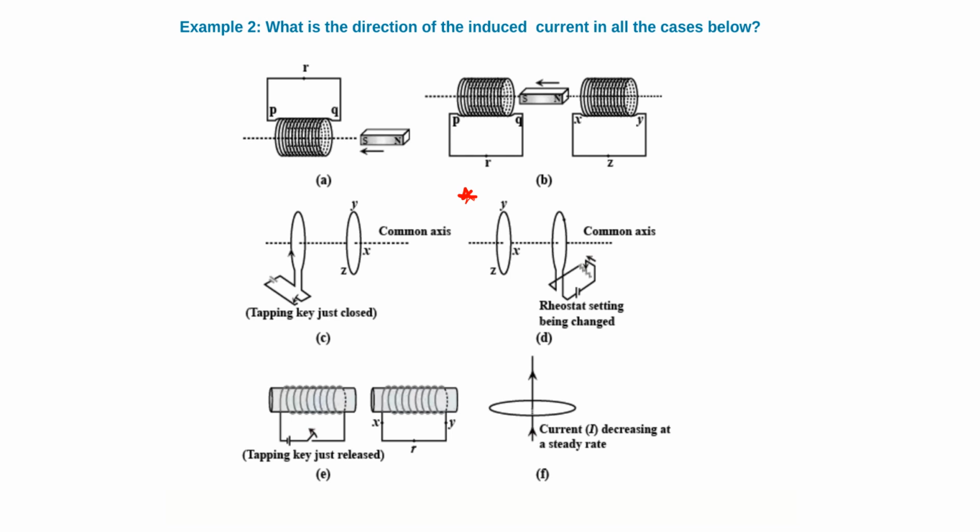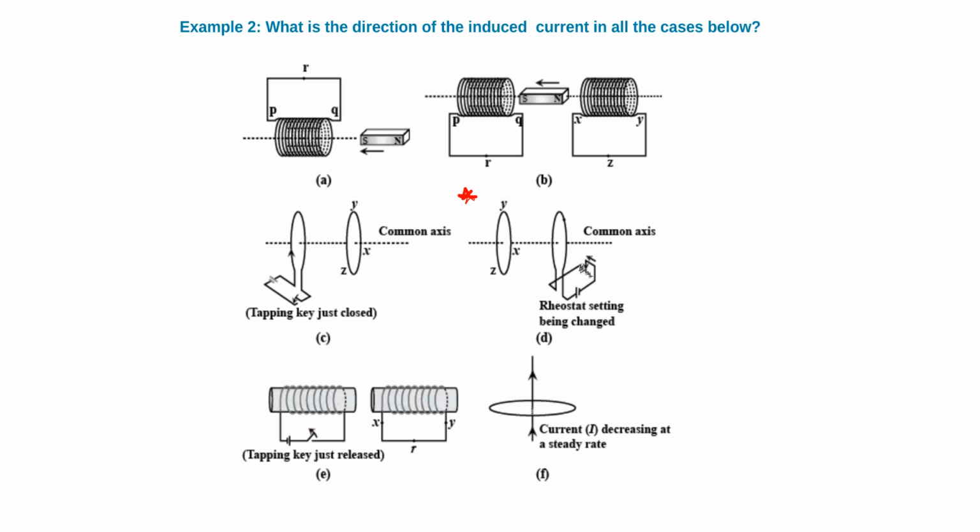Here we say we have a rheostat and its setting is being changed. Rheostats are adjustable resistances. That's all. We didn't really talk about them, but there's not too much to say. If I move this way, the amount of resistance in my circuit changes.